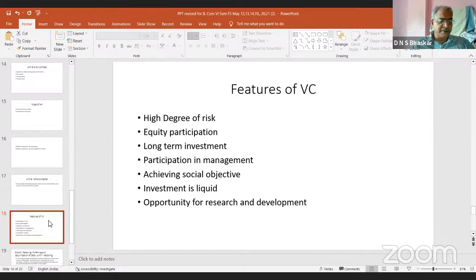So any person who wants to provide venture capital for a startup company will first invest a lump sum, and he will wait for the shares to hit a high rate and high profit, and then he will come out of that. So in equity participation, it is possible for an individual to go with a high price and equity share participation. The third one is the long-term investment process.